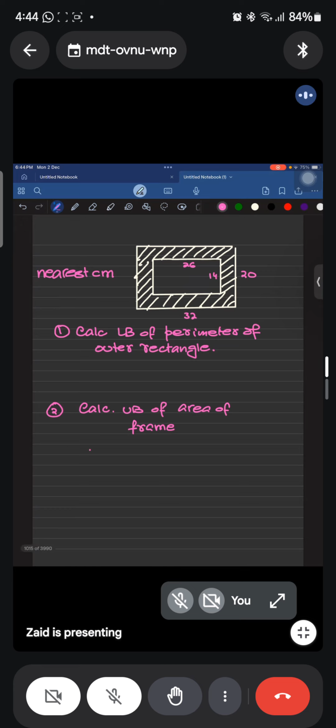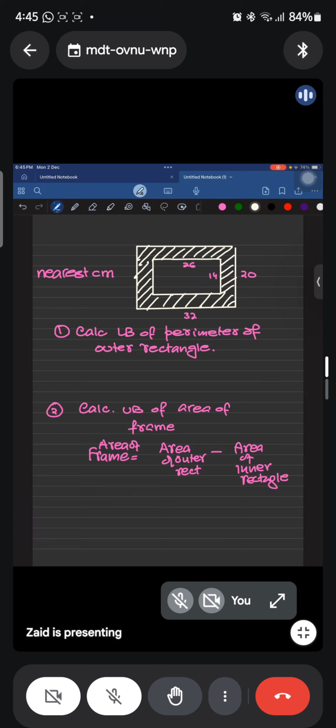So we have upper bound. The area of the frame is going to be the area of the outer rectangle take away the area of the inner rectangle. So it's a difference.